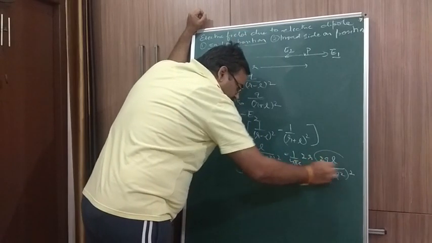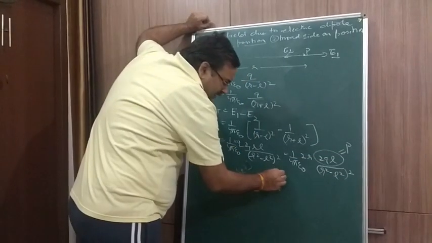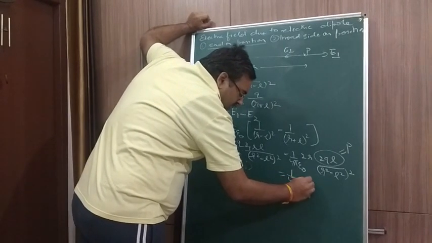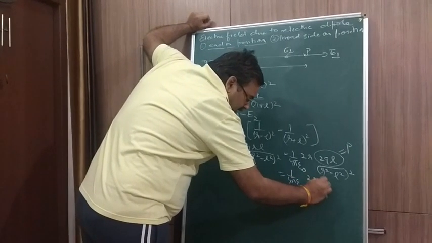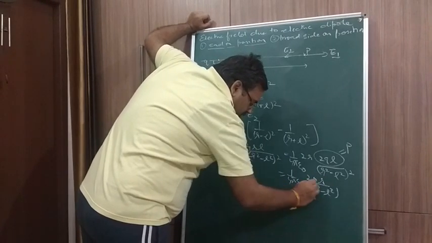Now what is this 2qL? It is equal to p. So we write 1 upon 4 pi epsilon naught, 2pR upon R square minus L square whole square.